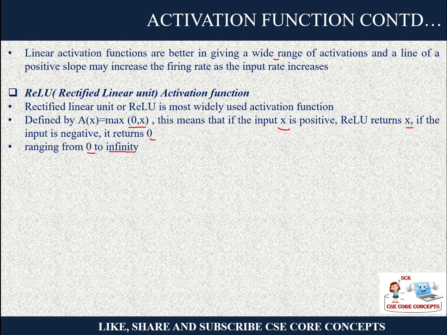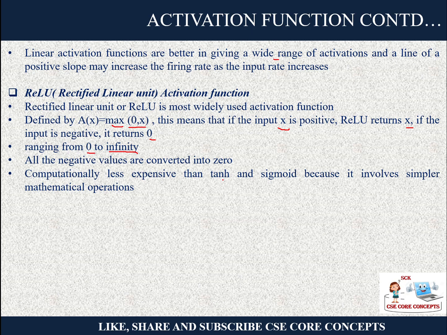Negative values are not allowed, because you are choosing the maximum between 0 and x. If x is positive, x will be chosen, but if x is negative, then you will go only up to 0. So all the negative values are converted into 0 in case of a ReLU function.